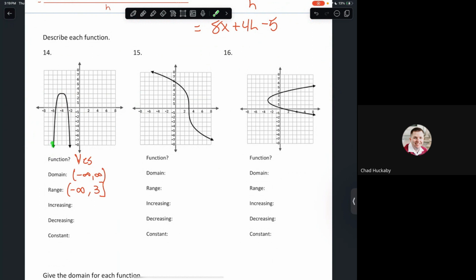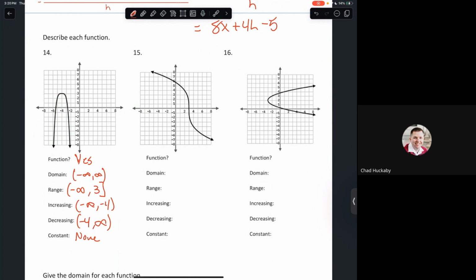Well, it looks like from negative infinity up, up, up until we get to x equals -4. So we're increasing from negative infinity up to -4. And then we decrease from -4 to infinity. We're always decreasing from there. Are there any places where this graph is constant, where it's just a straight line? Well, no. So there are none.